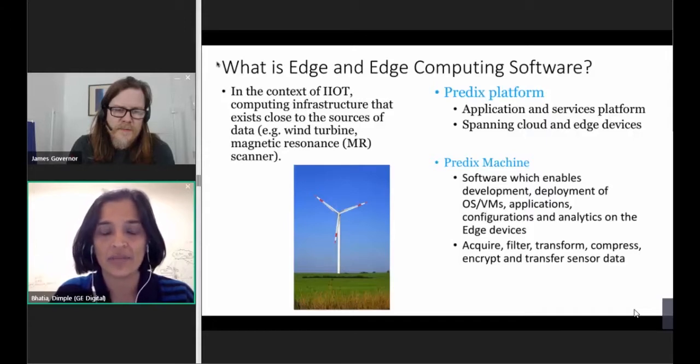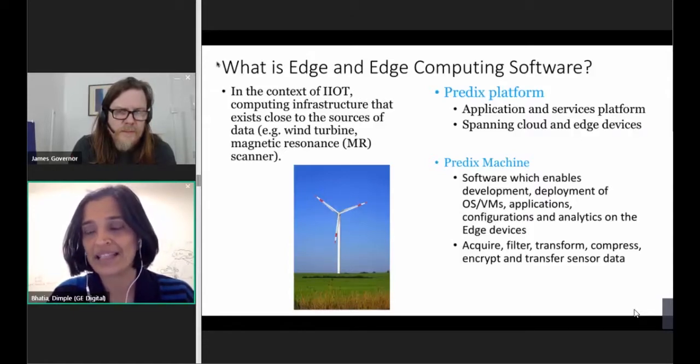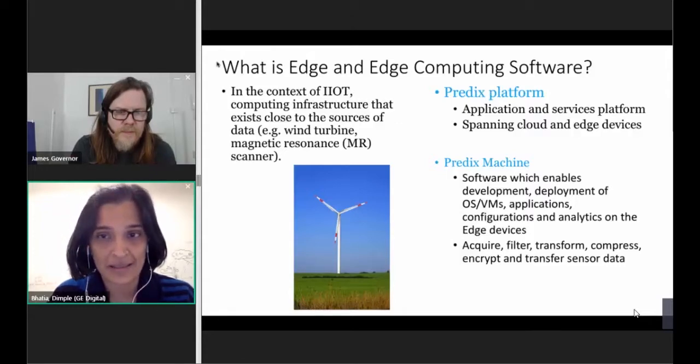And the edge is the computing infrastructure that exists close to these sources of data. So what we have at GE, in order to support this, is the Predix platform, which is a platform as a service. It is an application and services platform, and it spans both the cloud and the edge devices.